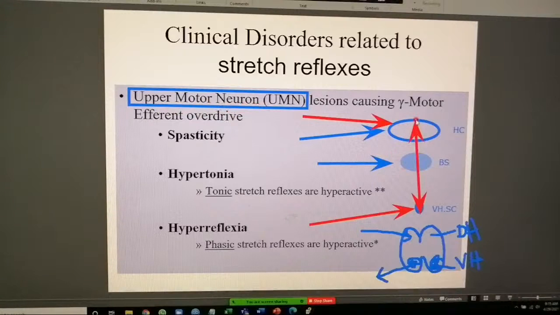So this entire circuit here is referred to as upper motor neuron. And any problem with this circuit, anywhere, it's a long and very intricate one, from this point till this point is referred to as upper motor neuron lesion.